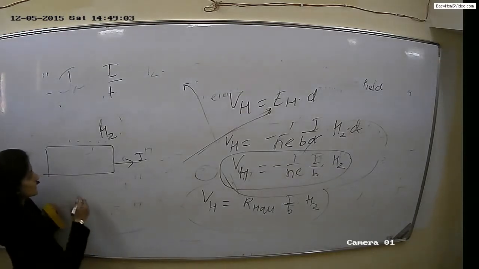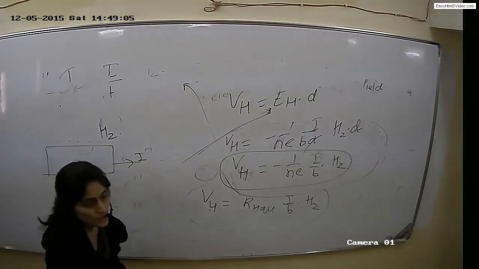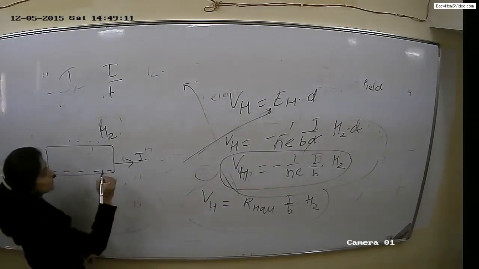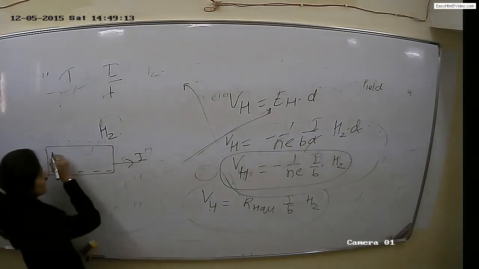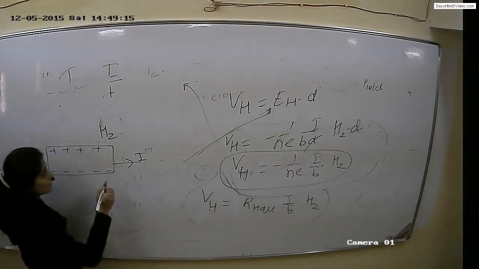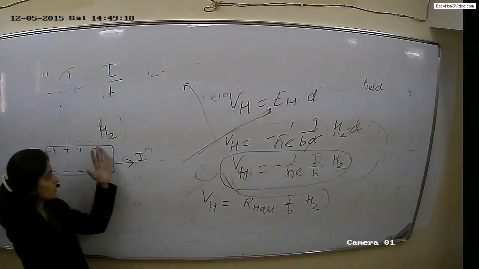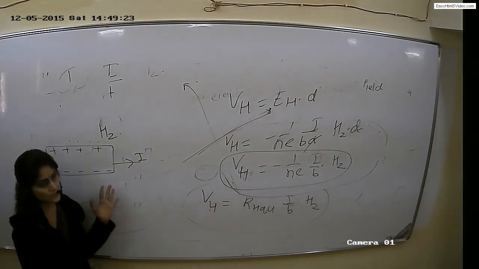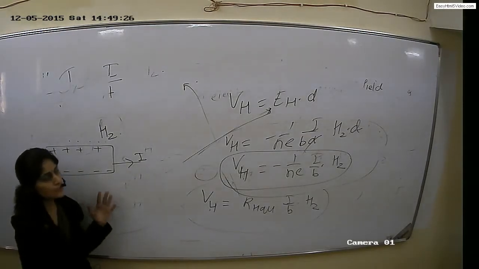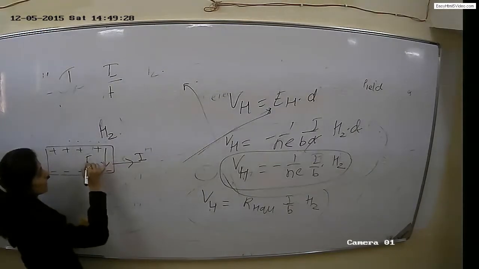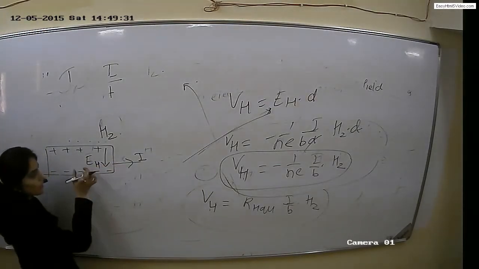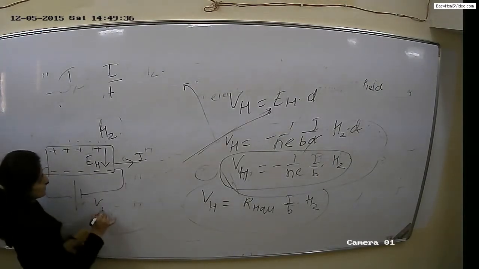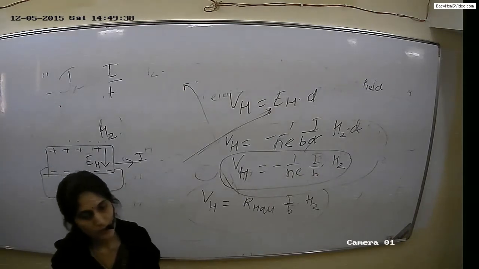These electrons experience the Lorentz force due to the magnetic field, and they accumulate at the lower surface of the conductor and positive ions on the upper surface. Due to positive and negative charges on the surfaces of the conductor, an electric field is developed which is called the transverse electric field or Hall electric field EH, and the potential difference developed across its ends is called Hall potential.